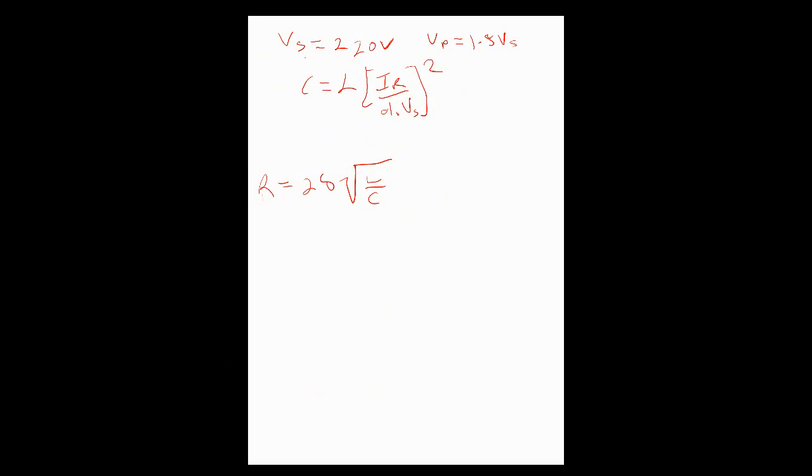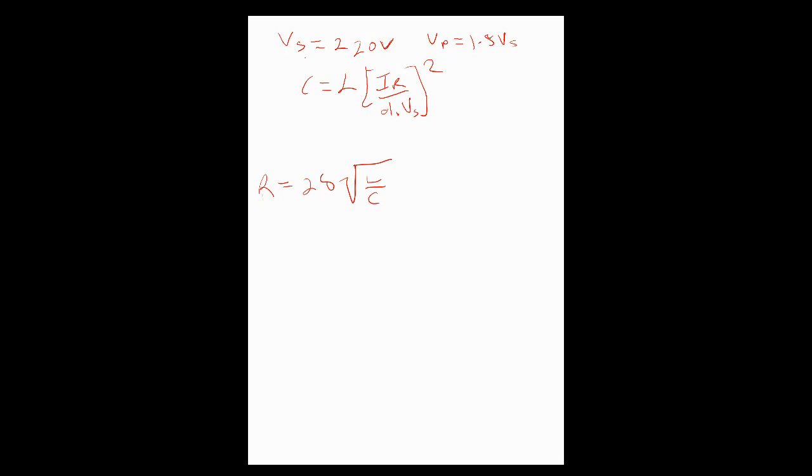In other words, the ratio of the peak transient voltage to the input voltage. And this peak transient voltage is what we're referring to when the device is turned off. When it turns off, you don't want it to rise above 1.5 times the input voltage.